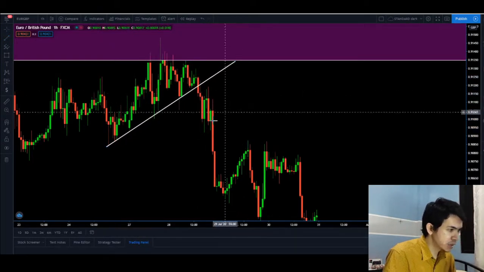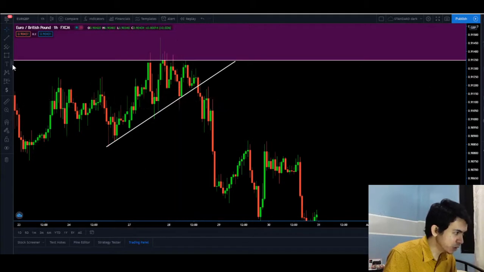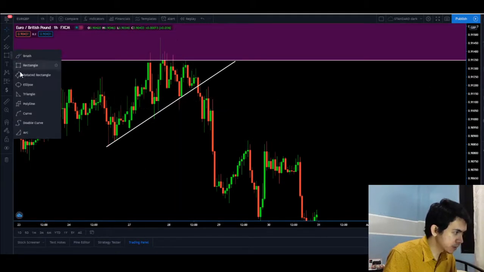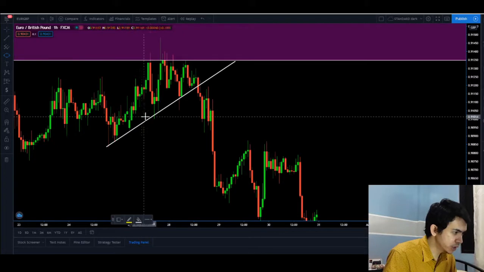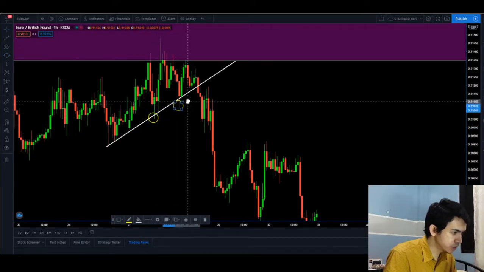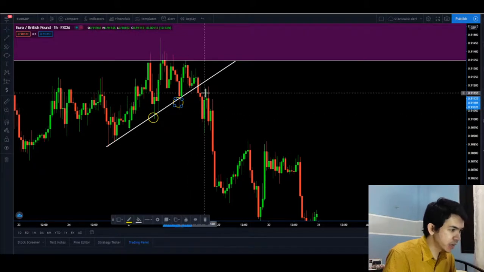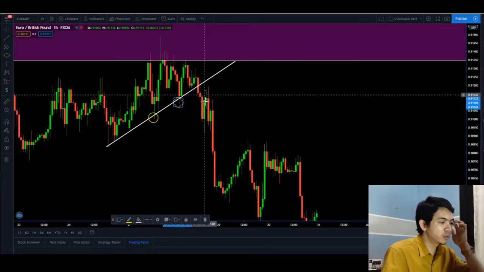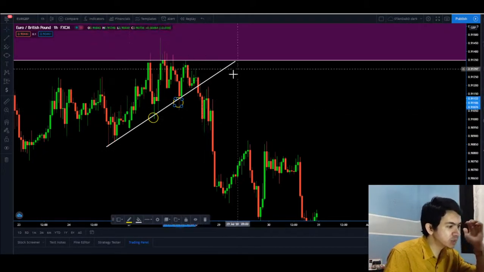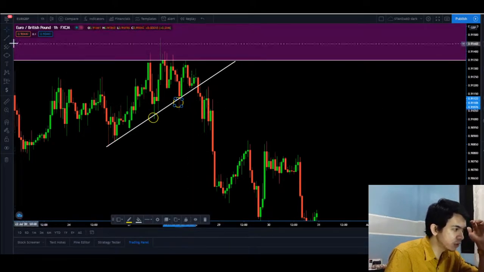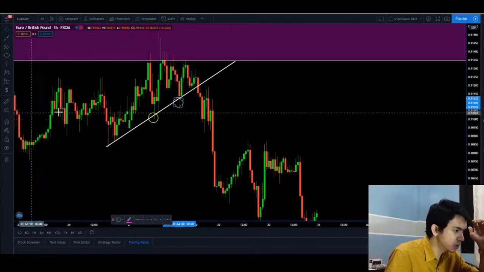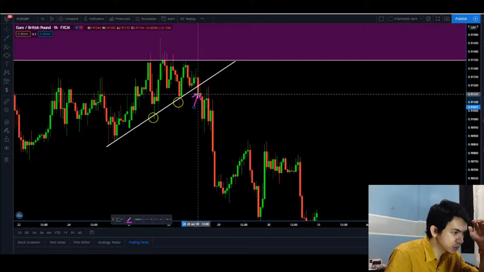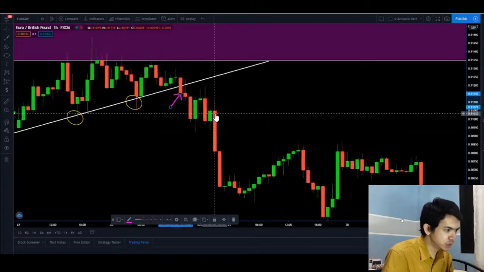Is this a significant break for me? Is this a valid break? Definitely no. What I'm referring to as a break is when the body of the candle closes below this trend line. That will be a valid break. So this for me is a valid break during the time.